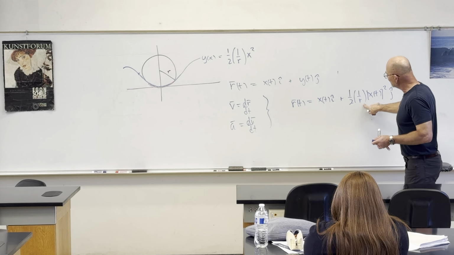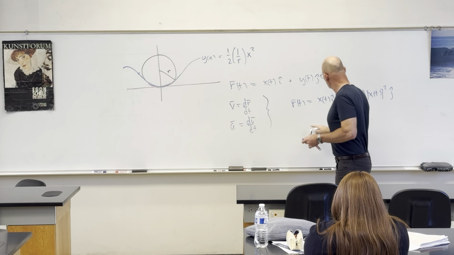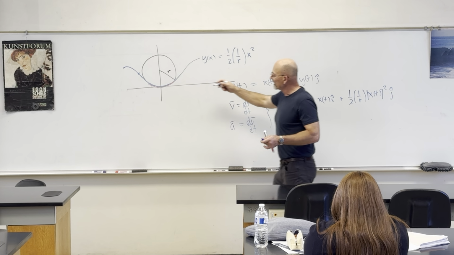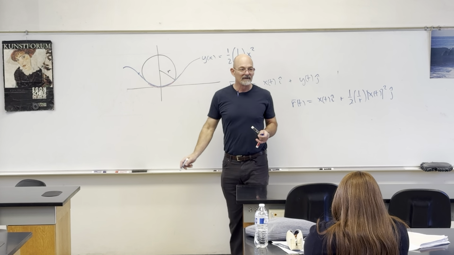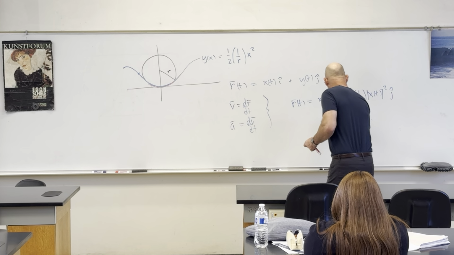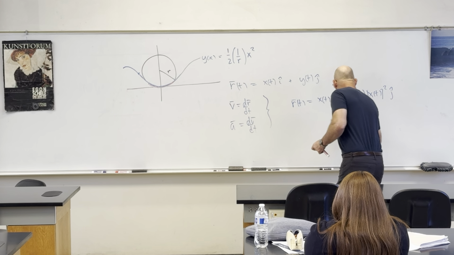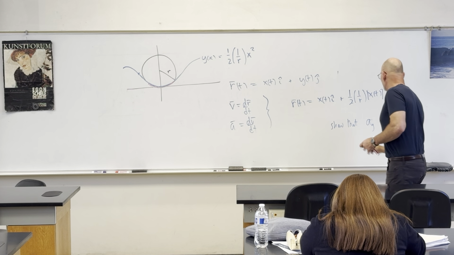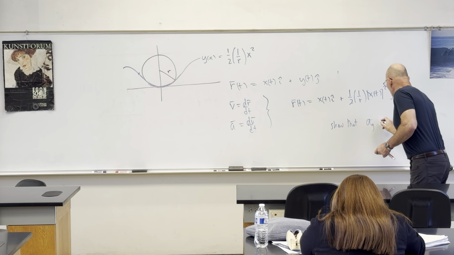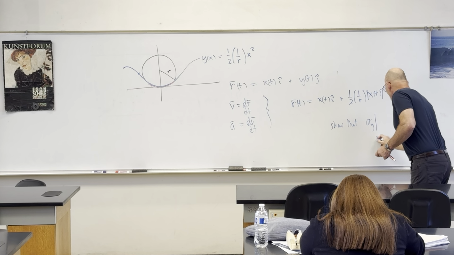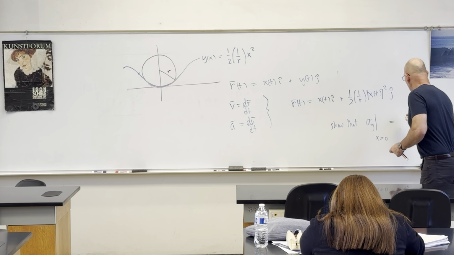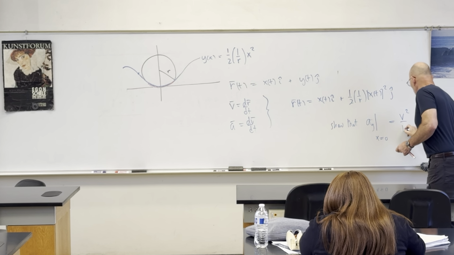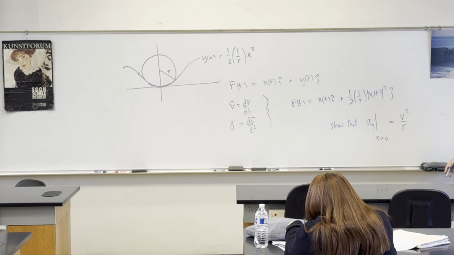If you evaluate this acceleration at x equals 0, you're going to get the famous v squared over r. Okay. So I'll put here, show that a sub y evaluated at x equals 0 is equal to v squared over r, which of course is a very important formula.